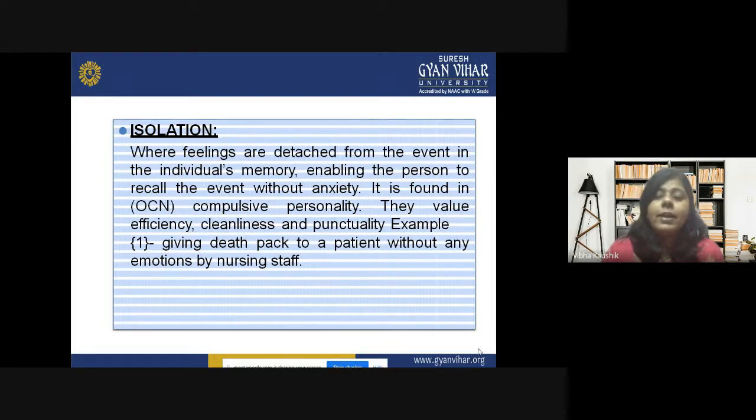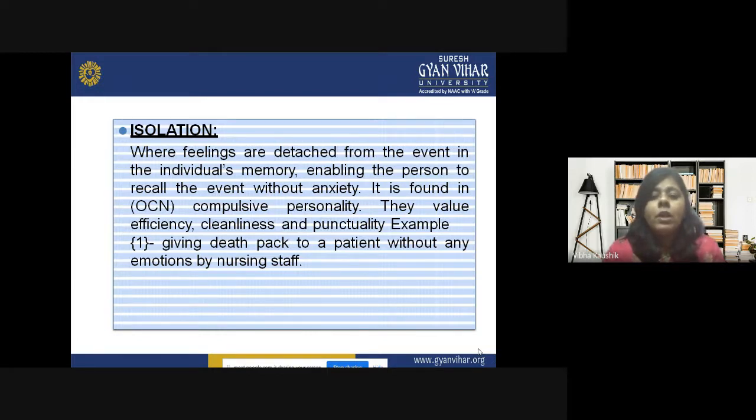This mechanism helps the individual detach his feelings from the event in his memories, and it helps the person recall that event without having anxiety.